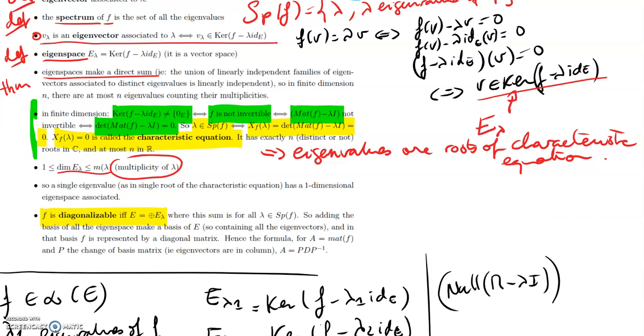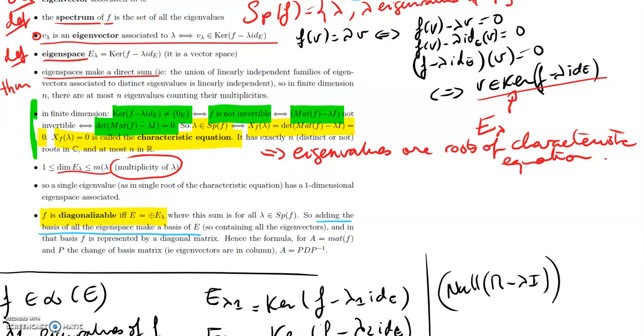Okay, and so it's going to be diagonalizable if, summing all the dimensions of the eigenspaces, you get the dimension of the space, right? That's basically what it means. That's what is written here: adding the basis of all the eigenspaces makes a basis of E. So it contains all the eigenvectors, okay?